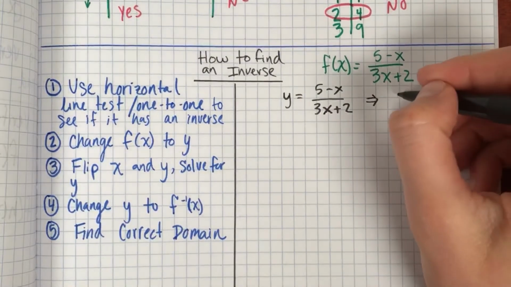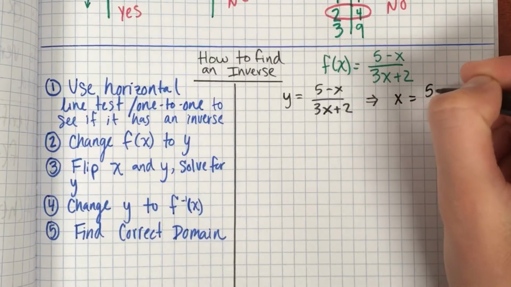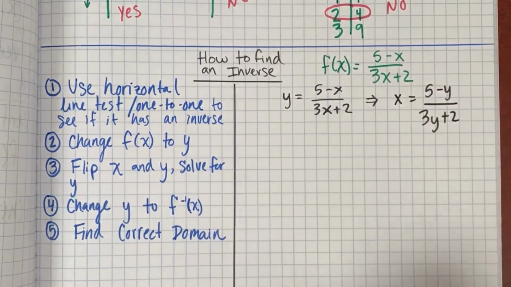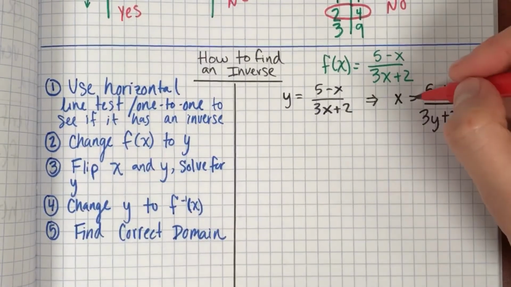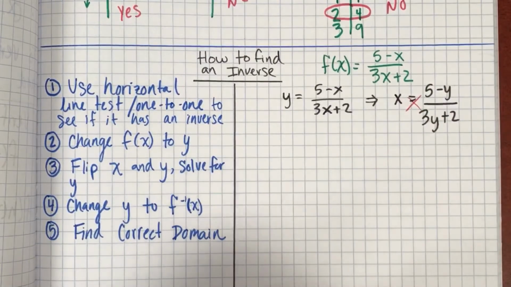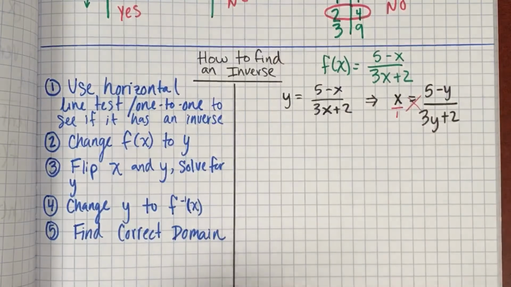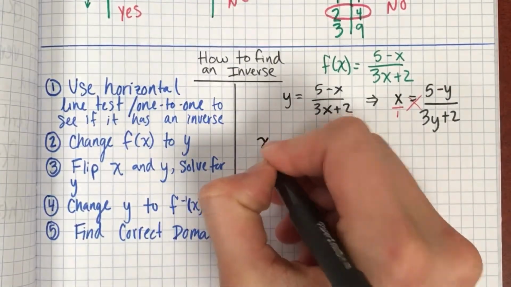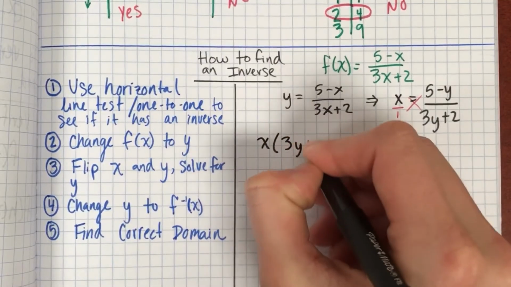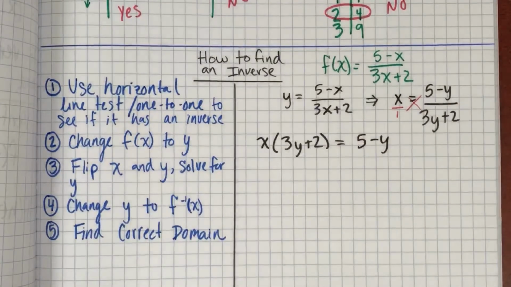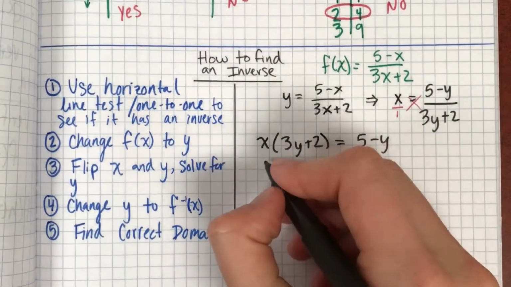So this now becomes x equals 5 minus y over 3y plus 2. Now when we solve this, we can cross multiply. We've got those two fractions equaling each other because remember we can just say x over 1. And so then we would have x times 3y plus 2 equaling 5 minus y. And then we can distribute.